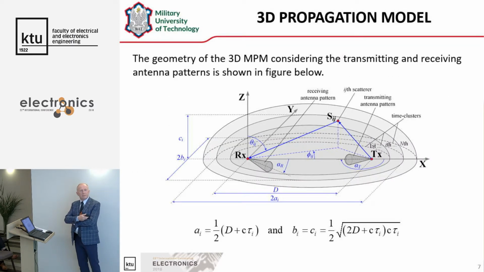On this picture, you can see the structure of the multi-elliptical propagation model. This model consists of a set of half ellipsoids. In the foci of the ellipsoids are located the receiver and transmitter. Each half ellipsoid is related to one cluster, which is related to one delay time for the electromagnetic path.